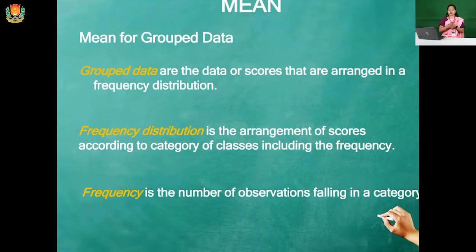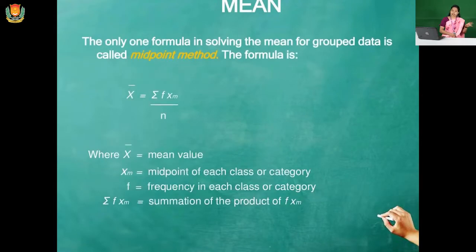So over here the mean is further divided as group data, which is arranged in a frequency distribution, and the frequency distribution is further arranged according to the classes or categories, by whatever measures we have used to divide it. The frequencies are basically the number of observations falling under that particular category or those particular scores, which you can say are the class intervals.